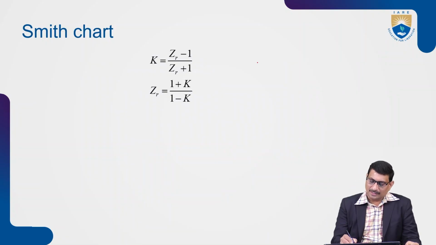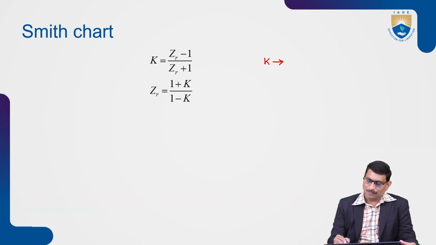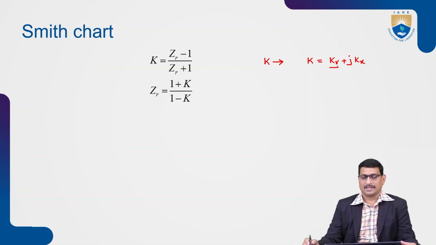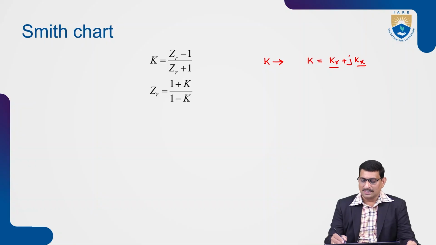Here the reflection coefficient K is a complex constant, and it has both real and imaginary values. Suppose I represent the reflection coefficient as Kr plus jKx, where Kr is the real part of the reflection coefficient and Kx is the imaginary part. Since the reflection coefficient is a complex constant and a vector component, it has both magnitude and direction, and we can represent it in the form of real and imaginary parts, K equal to Kr plus jKx.